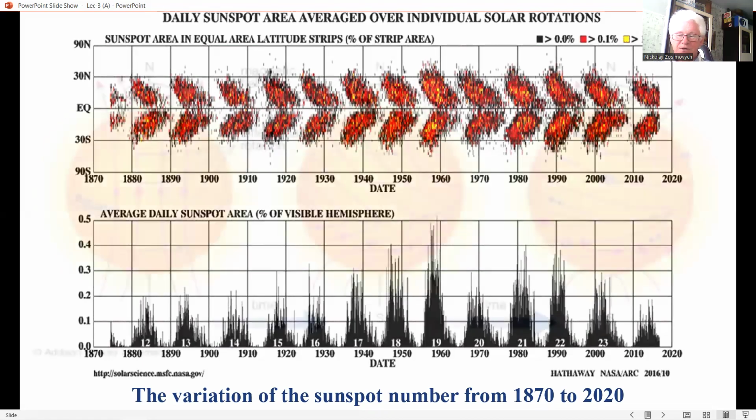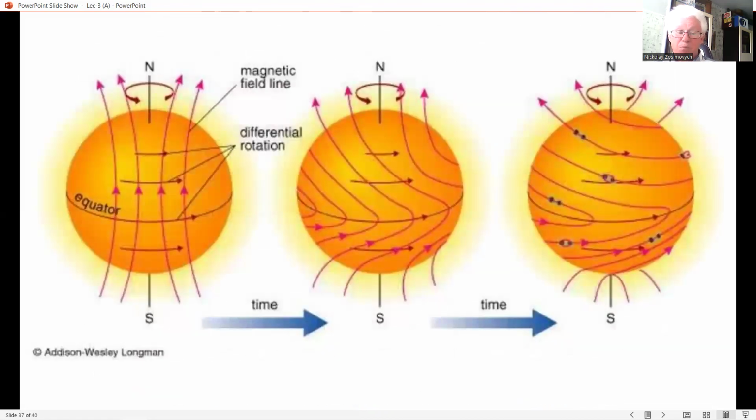Notice the power of a scientific model. The Babcock model may in part be incorrect in some details, but it provides a framework on which to organize all of the complex solar activity.